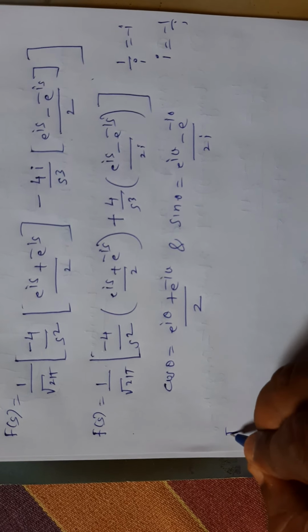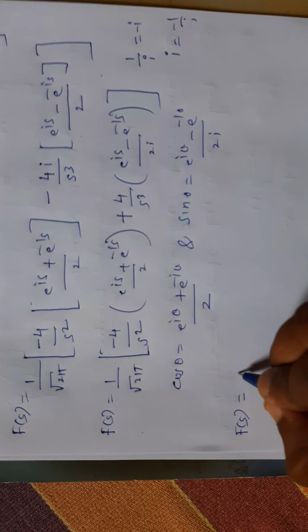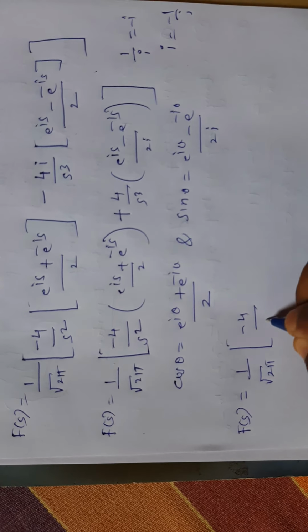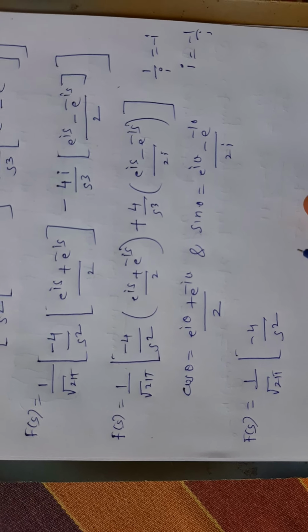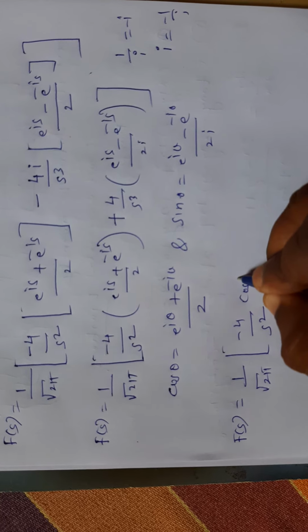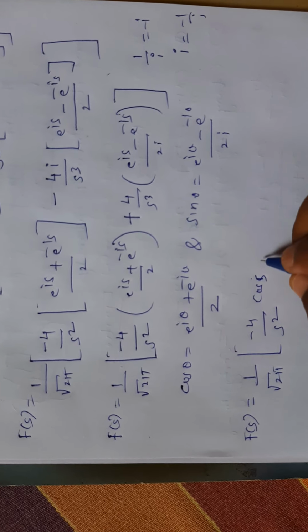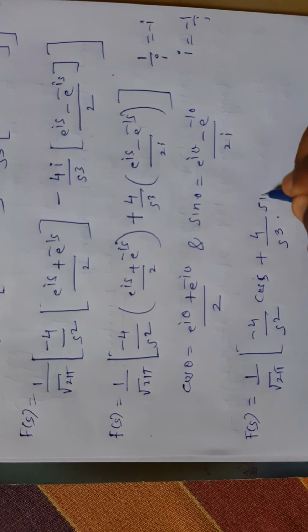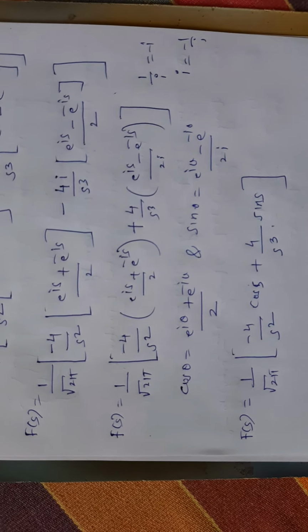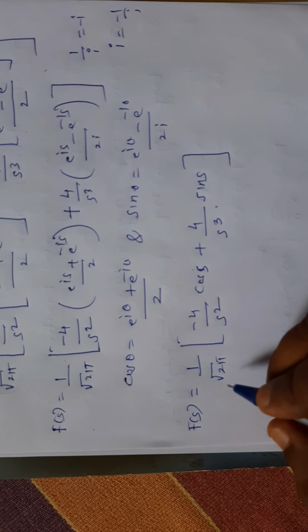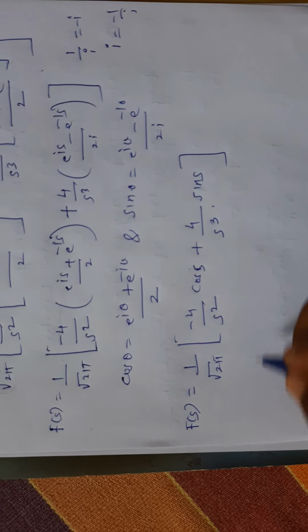Therefore f of s is equal to 1 upon square root of 2 upon pi times minus 4 upon s square into cos s plus 4 upon s cube into sin s. If we want, we can simplify this further or we can stop here only. So this is the required answer.